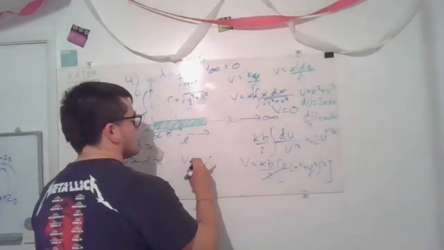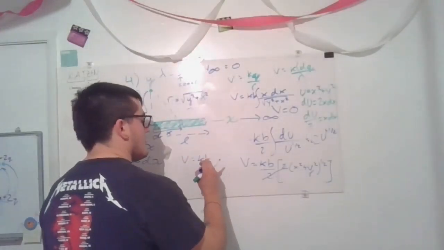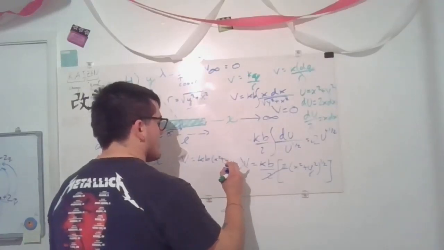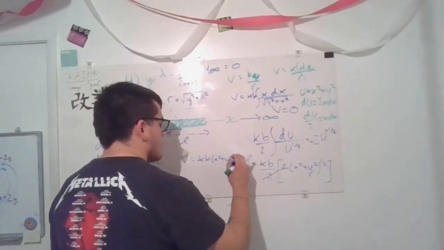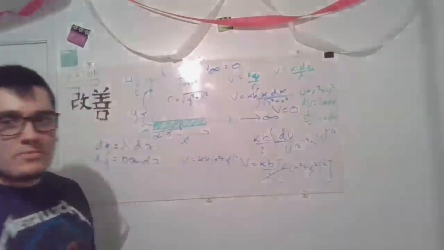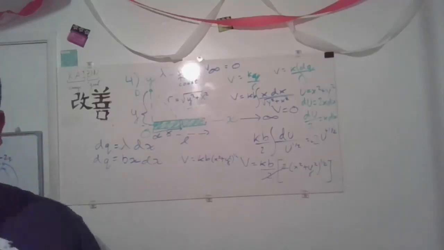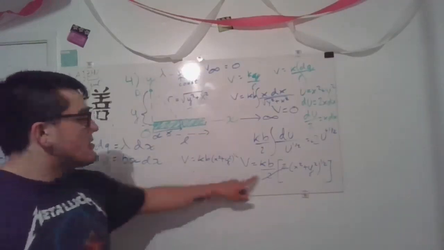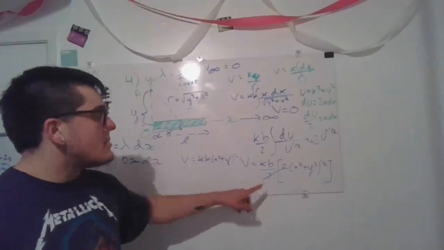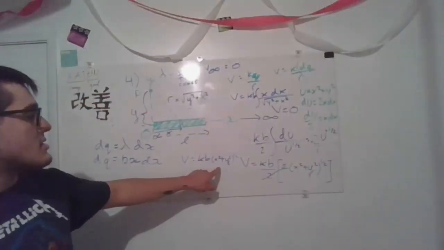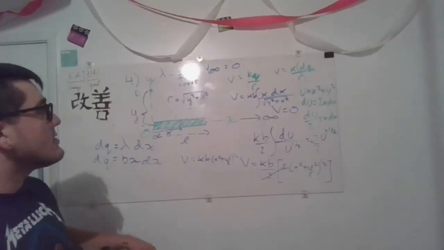So then you find the potential is k e x squared plus y squared to the 1/2. There's the 2 on top, 2 over 1. kb x squared plus y squared to the 1/2.